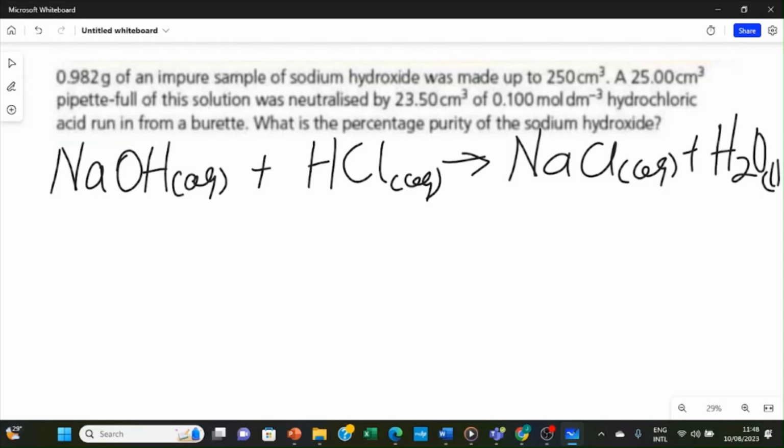So this is the equation, this is the reactant, and this is the product. So we check if the equation is balanced. Each of the atoms present must be the same on both the reactant and the product.